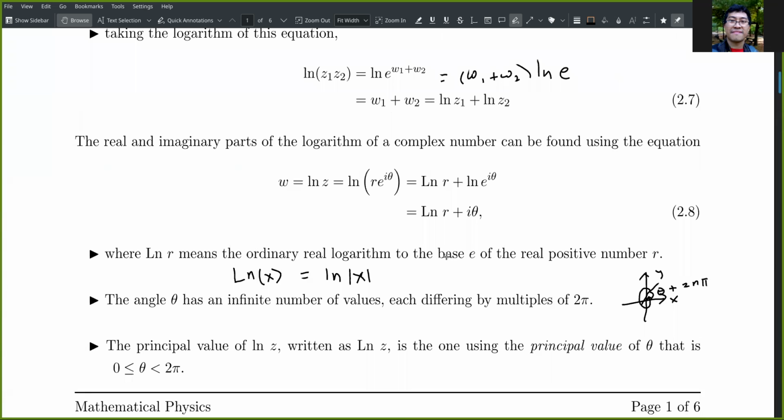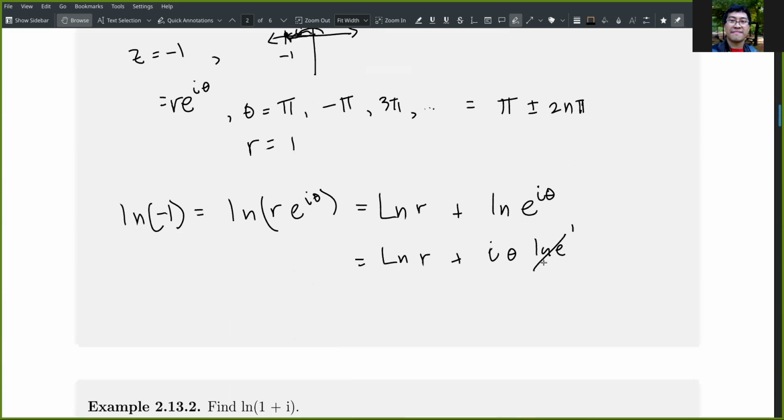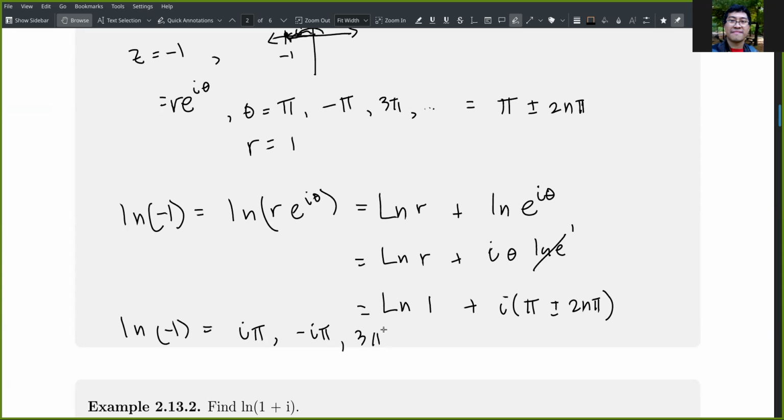Okay, that's our equation here. So ln of r, we have r is 1, plus i theta, where theta is pi plus or minus 2n pi. So these are all the values of ln negative 1. So ln negative 1 equals i pi, it could be minus i pi, it could be 3 pi i, and so on.